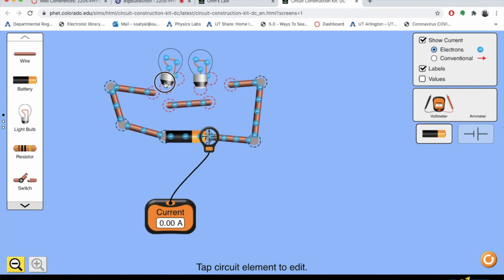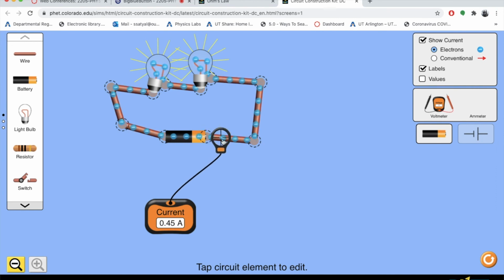Here, here, here, and here. Okay. So you see now, as I increase the load, it is like increasing resistance, and my current has reduced versus when there was only one light bulb.